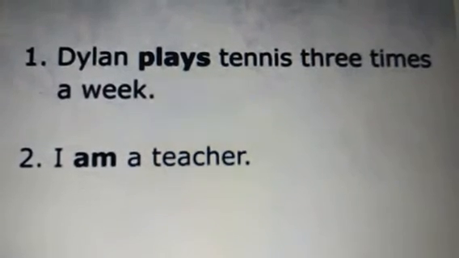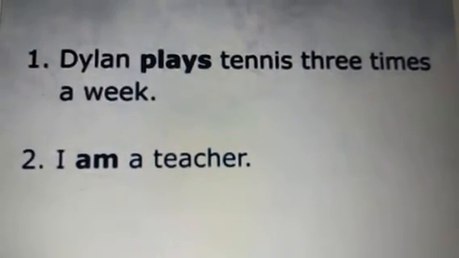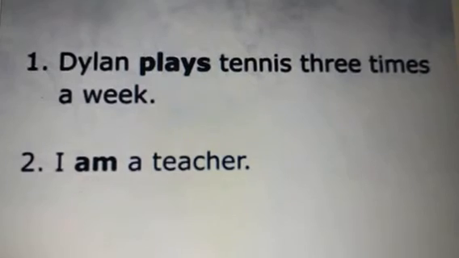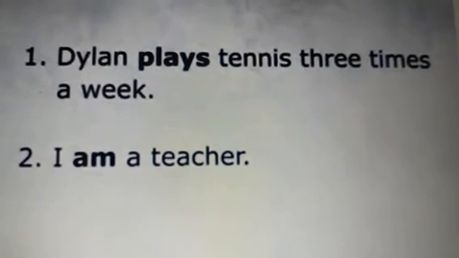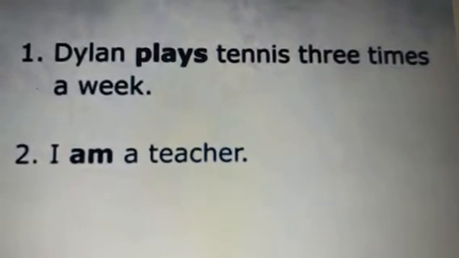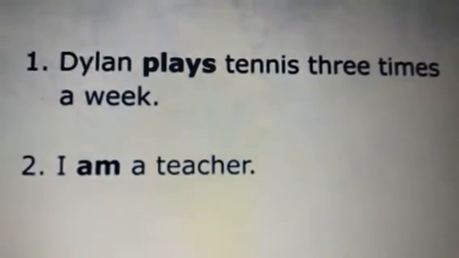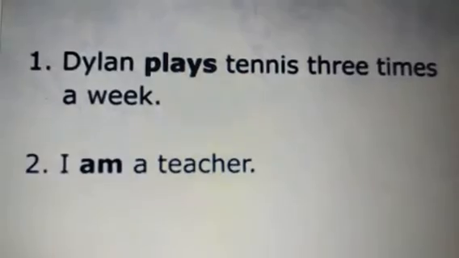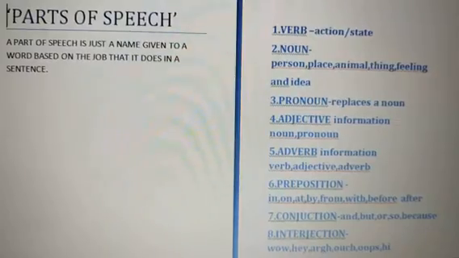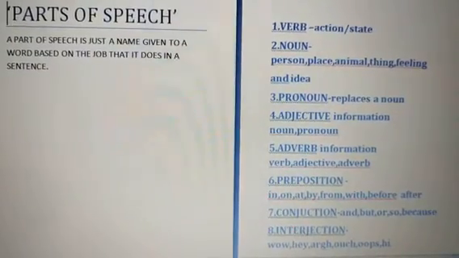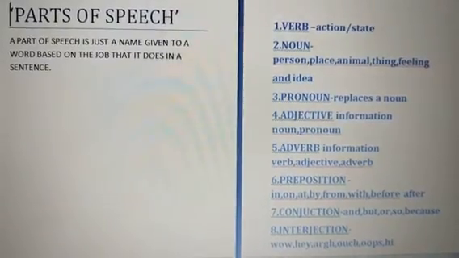But in the second sentence we are not talking about any physical action. We are just saying I am a teacher. So we call this a state or a situation. So verbs can show actions, or they can show a state or situation. So these are the 2 types of verb. So I hope verbs are clear to you.